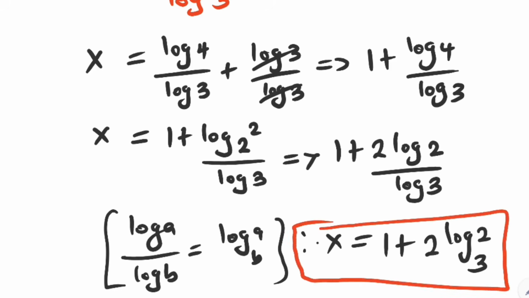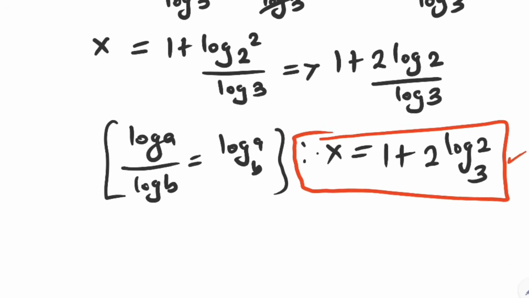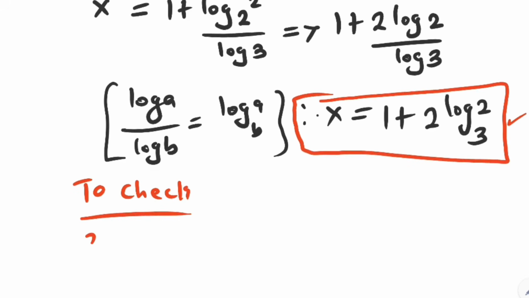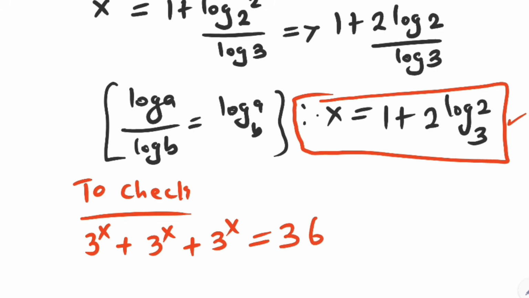We may check to confirm if this answer is right or wrong. Let's check. To check, we have the given equation 3 raised to power x plus 3 raised to power x plus 3 raised to power x is equal to 36.